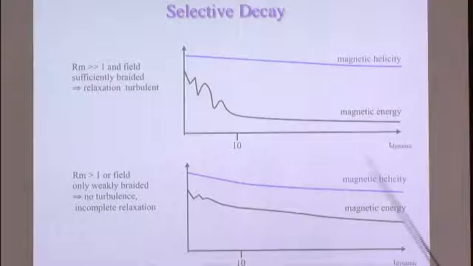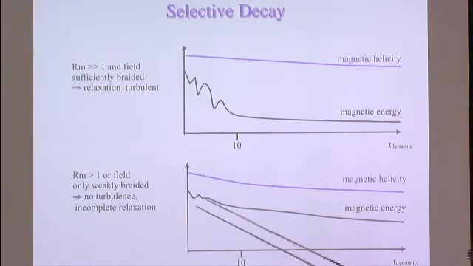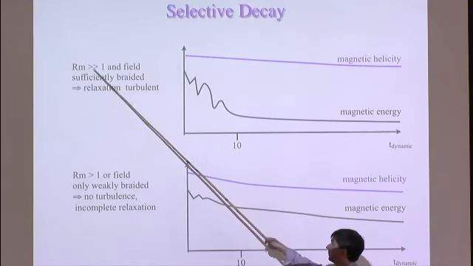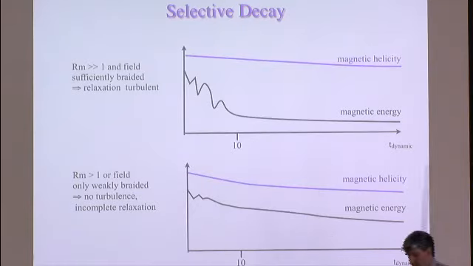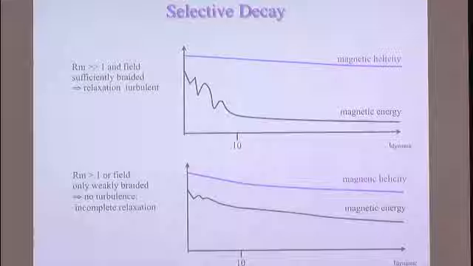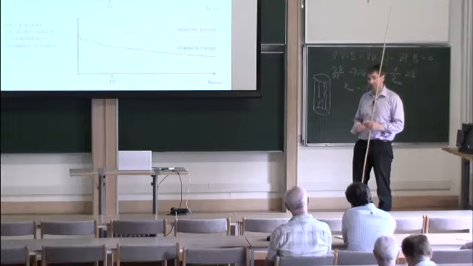So the scenario which I think is behind this is, first of all, with higher magnetic Reynolds number, I develop smaller length scales in the turbulent system. But first of all, I have to trigger turbulence.